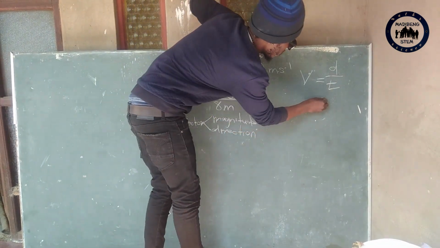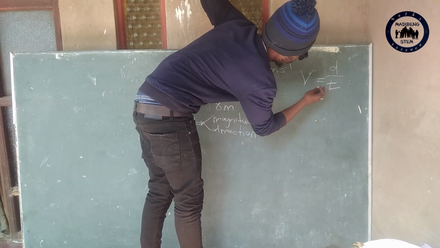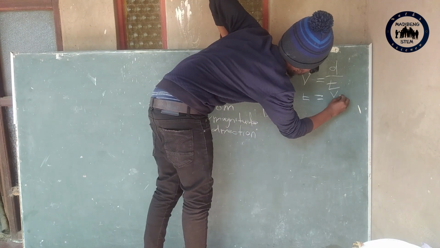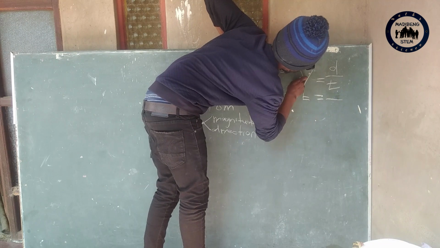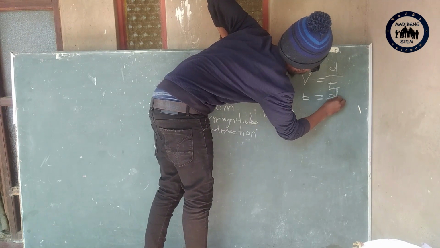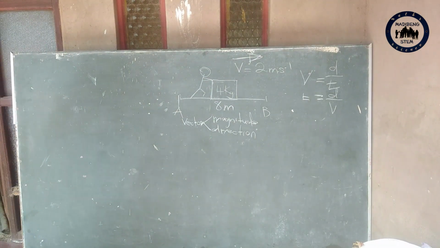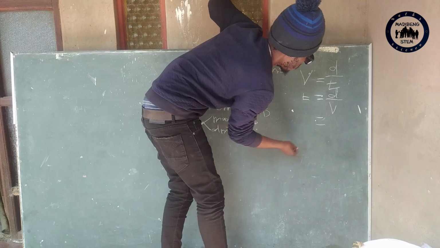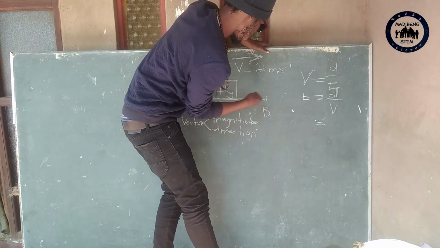So what is our time here? We're going to have to make T the subject of the formula. Velocity is D over T, so time is D over V. So we have this formula. Now we can calculate the time it took for this guy to push this box.